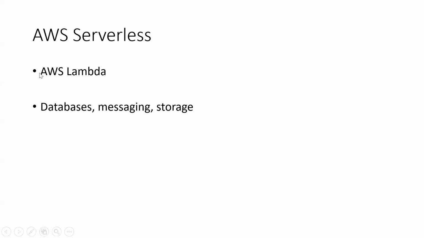We have already learned about AWS Lambda. Lambda is where we can do the coding part. Just like in Python, we are using PyCharm, which we have installed on our local computer.